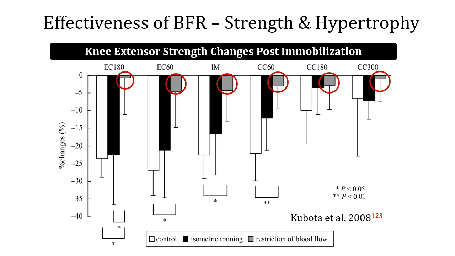Regardless of the type of muscle contraction or the speed at which it was done, there was no significant difference pre and post for the BFR group that did no exercise for 2 weeks. That being said, there was upwards of 20-25% loss almost across the board for the control group. A little bit of tapering of this for the isometric group, where they had about 10% or so loss, with the exception of the faster speed concentric movements of 180 and 300.